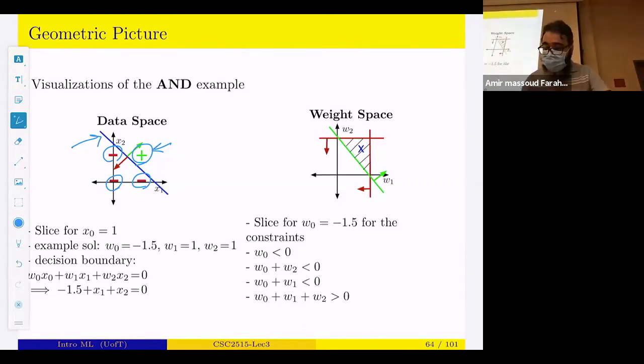And then we can look at the constraint sets and see what the feasible region is. And we see that the feasible region is only this one, the shaded region. And any point there would be a correct solution. So maybe I think this is actually a good exercise. We go through this slide and verify that these constraints are actually what we need.